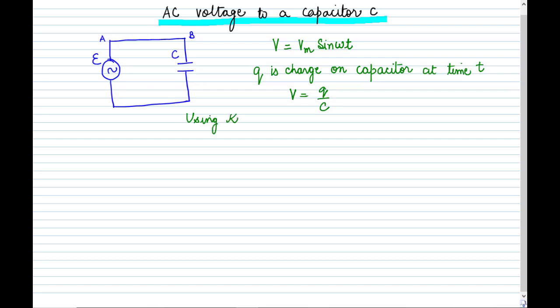So using Kirchhoff's loop rule, we can easily write down, there are only two components. One is the voltage and the other is the capacitor. So for the voltage it is V and this is minus q upon C, because it is drawing the voltage. This is equal to 0 because this is a closed circuit or a closed loop.